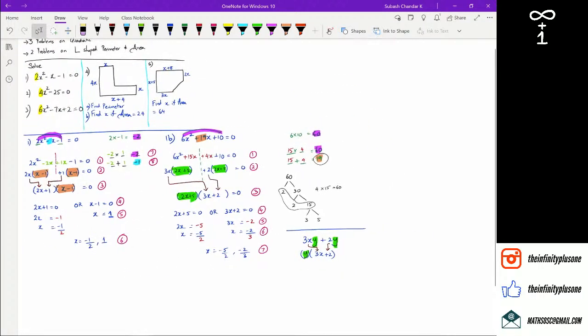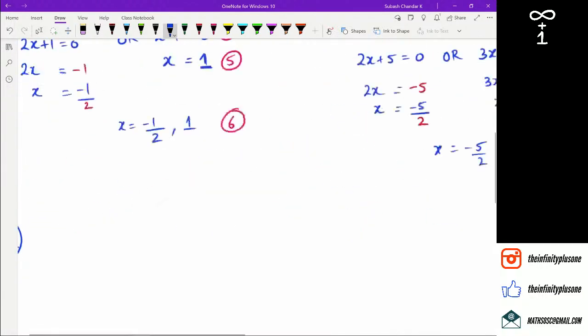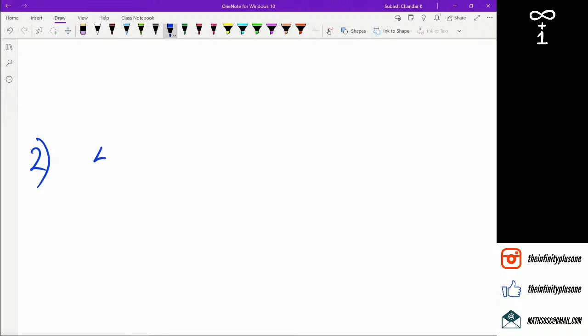So we're going to question 2. Question 2 was 4x squared minus 25 equals 0. On the odd occasion, you will see a question like this.